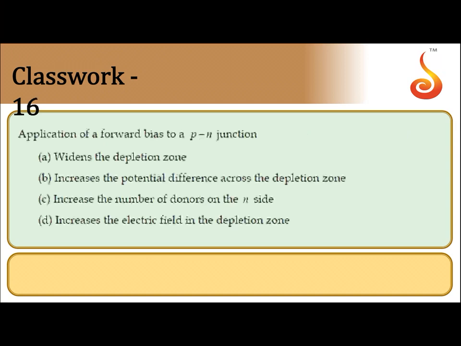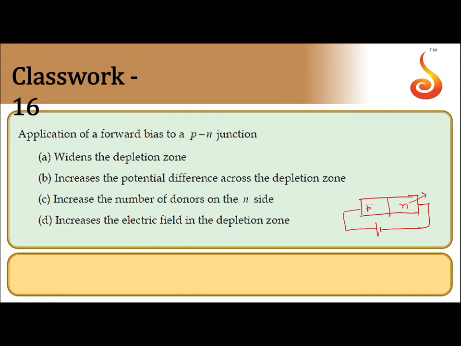So when you apply forward bias to PN junction, see, in forward bias, P type is connected to positive of the battery, N side is connected to negative of the battery. So the electrons are pushed into N side and holes are pushed into P side.